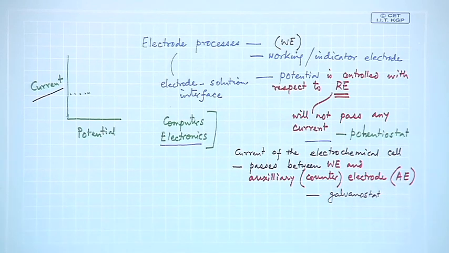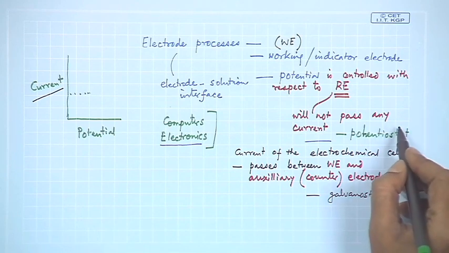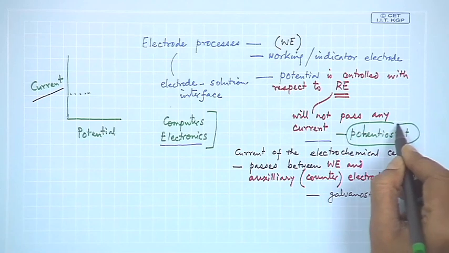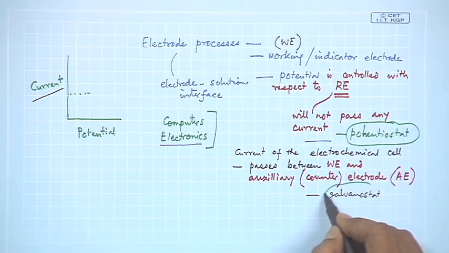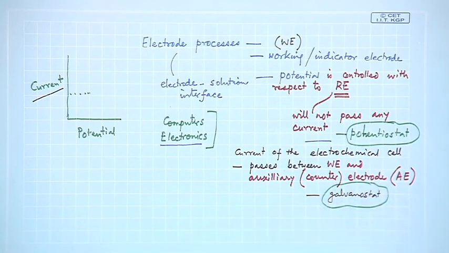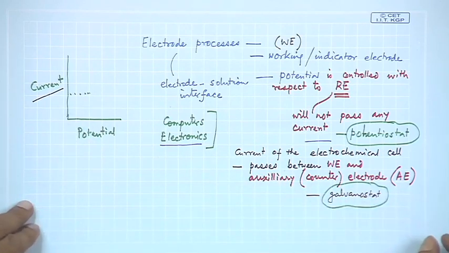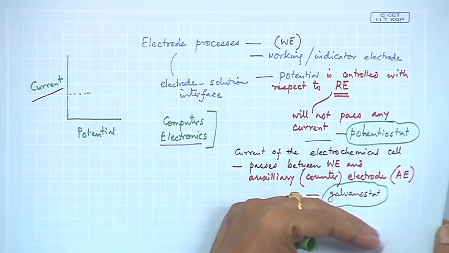So, these two things we should always keep in our mind, without knowing the very detail of the electronics arrangement, but the names of the basic components we can have: the potentiostat and the galvanostat for all the different types of electrochemical measurements and the electrochemical workstations, and we get the corresponding current potential plot and we can analyze these things. So, the first thing we are getting is your cyclic voltammetry.